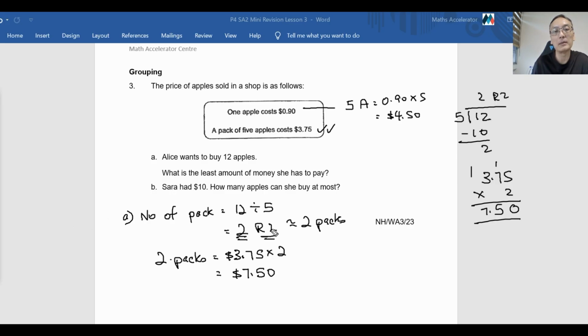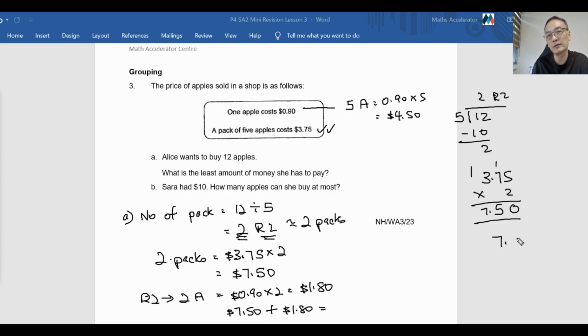Next, remember we have a remainder of 2. Remainder of 2 indicates that we need to buy 2 individual apples. And if each apple is 90 cents, we multiply by 2, we will arrive at $1.80. So now let's add the 2 together. We have $7.50 plus $1.80.